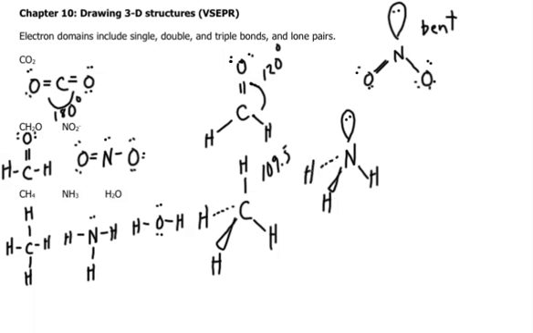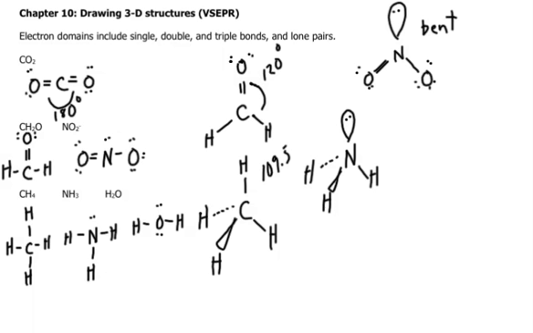So again, for this one, the electron geometry is tetrahedral, but the molecular geometry, if you ignore that lone pair on the top, is what we call trigonal pyramidal, because the N is like the top of a pyramid, and the H's form a triangle underneath it, like the base of the pyramid. So trigonal pyramidal is the name of the molecular geometry for NH3.